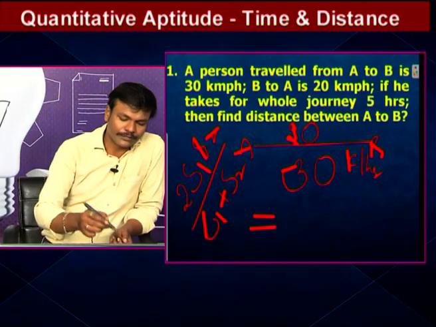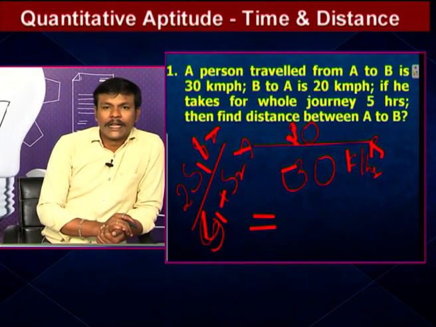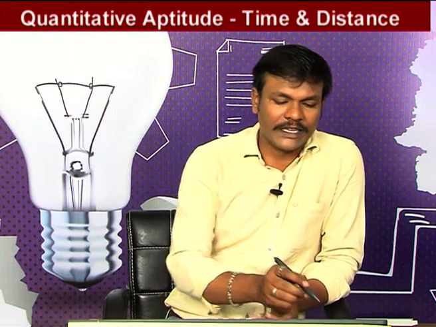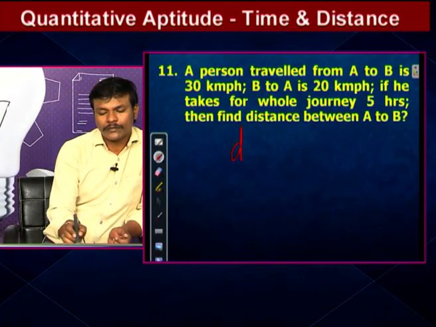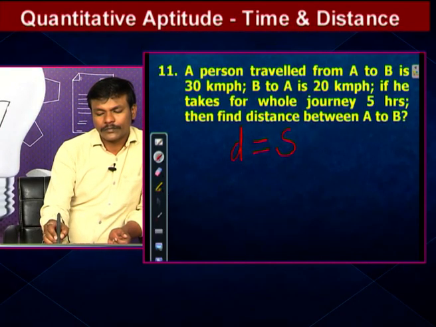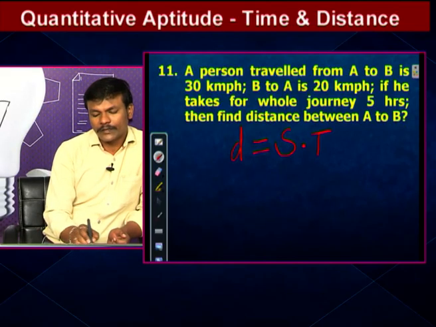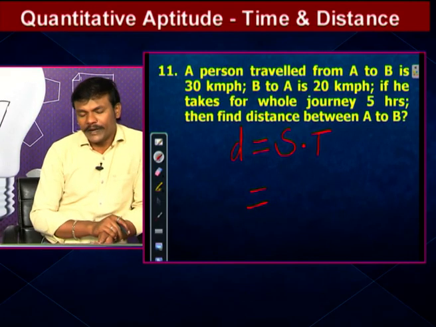The question is, A to B distance is how much? Distance D is equal to speed into time. Speed is taken as average speed.